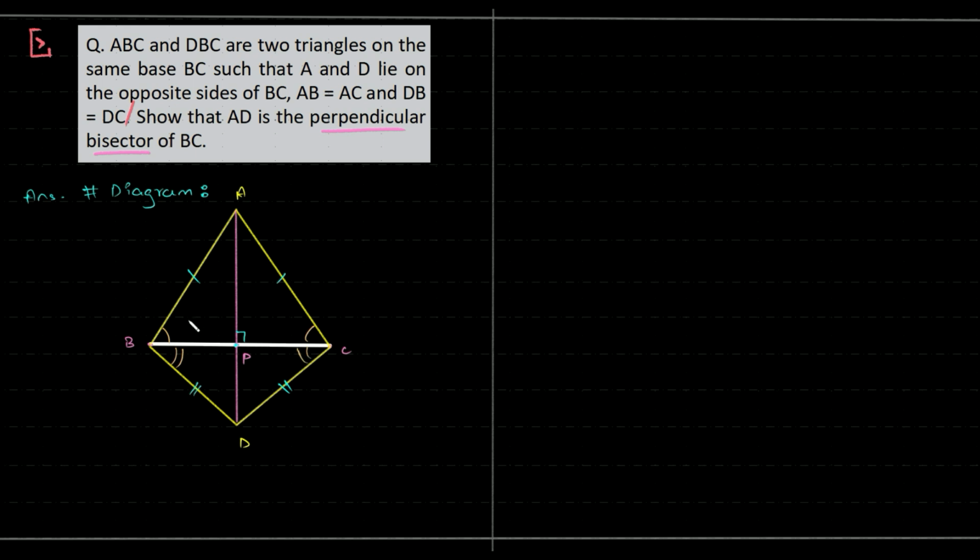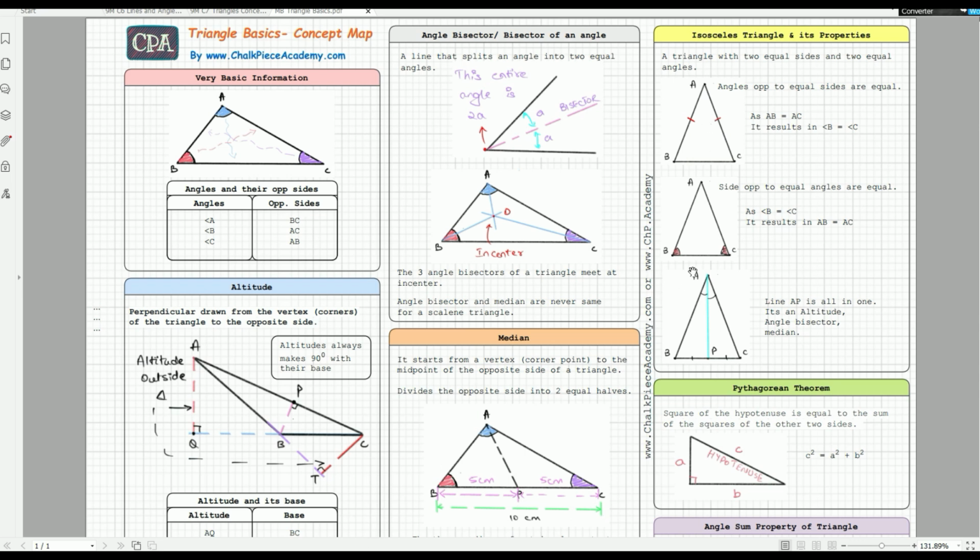It's obvious, no? This is X, this is X, this is Y, and this is Y. I hope you guys are thorough with this by now. If not, the properties are over here. Yes, we are looking at an isosceles triangle. Since the sides are equal, the opposite angles will be equal.